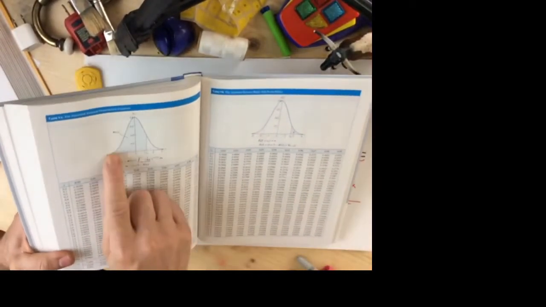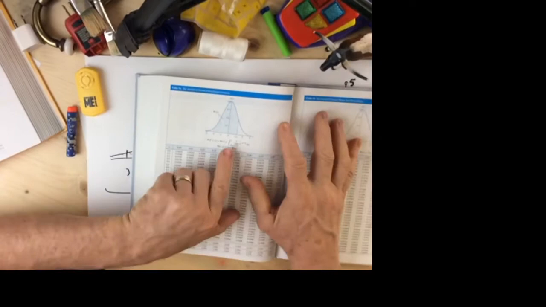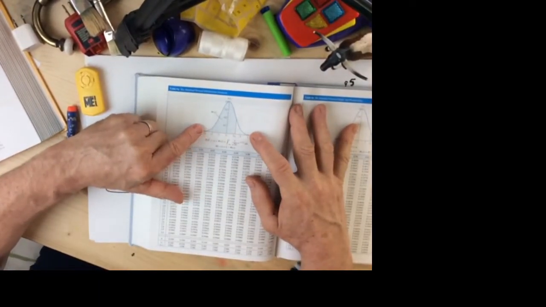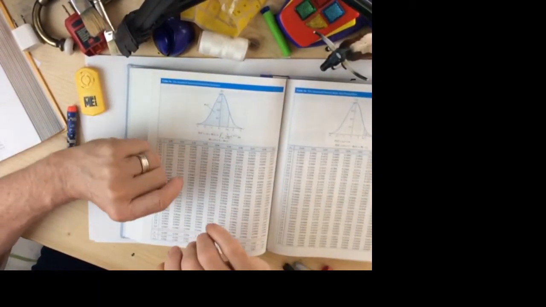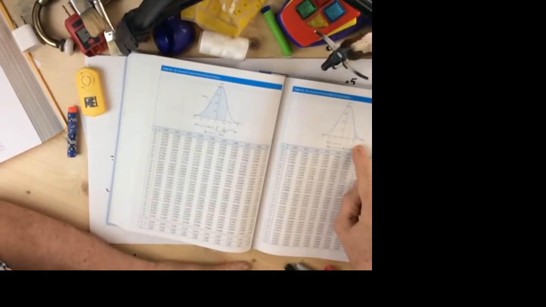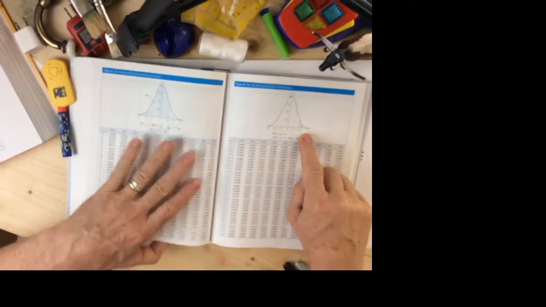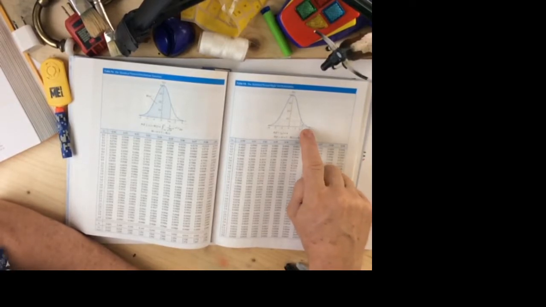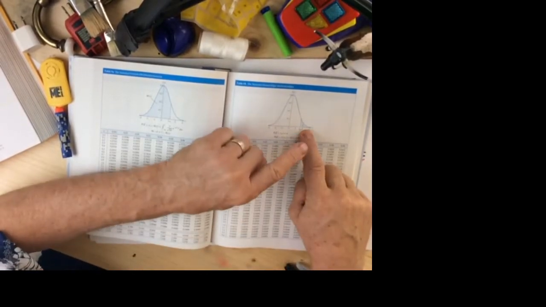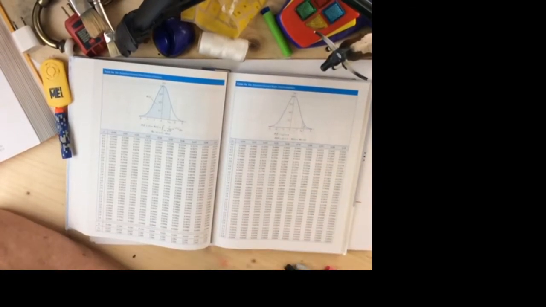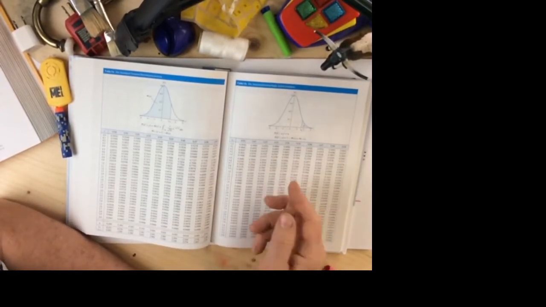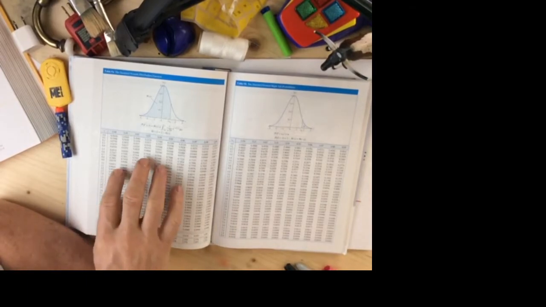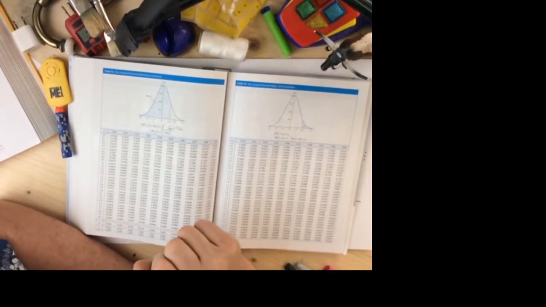And here is our discussion about the phi of z. And here, over here, is a list in this table where they've looked up how to calculate a z of alpha so that you have a very specific number in the tail. And so they have these numbers you can look up. From these numbers, you can go over here and validate in this one that that's what exactly is happening.